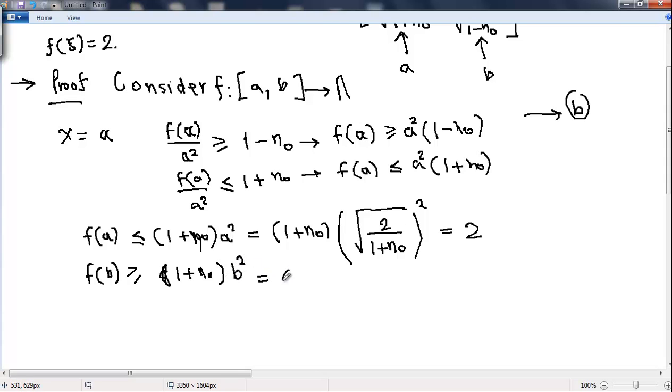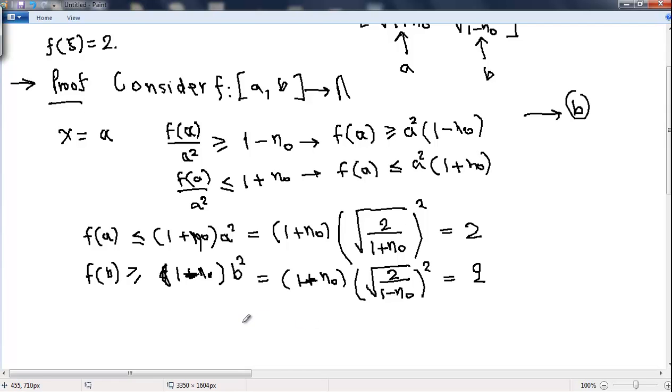If you substitute b, you will have square root of 2 over 1 minus eta 0, squared. Sorry, it's minus here, of course, so it cancels and we have 2.